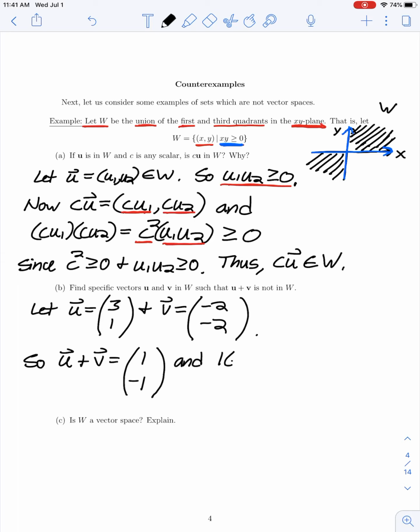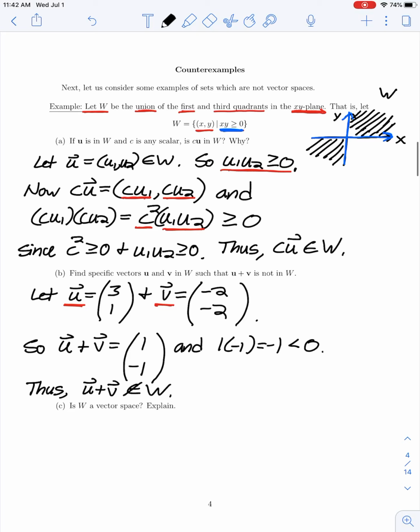The product of these entries is negative 1, which is not greater than or equal to 0. So we've shown that while the vectors u and v lie within the set W, the sum has a product which was negative. So u plus v does not lie in this set W.